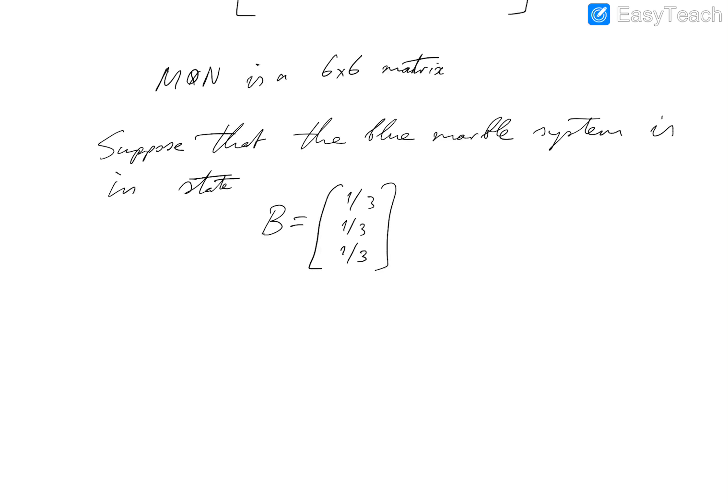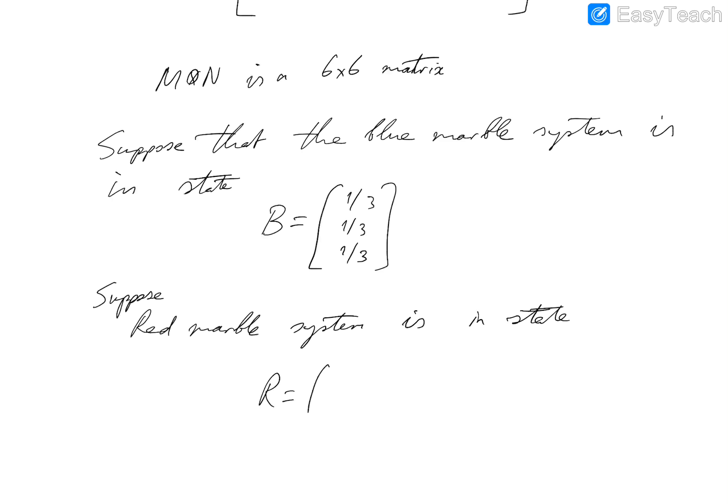And let's suppose that the red marble system is in state R equals 1 over 2, 1 over 2.